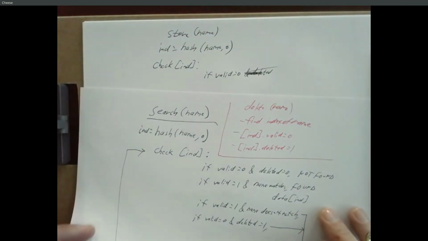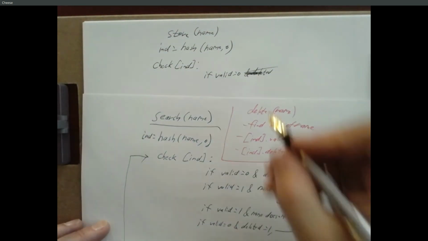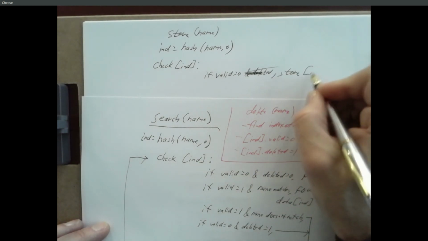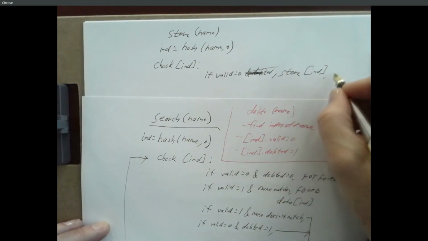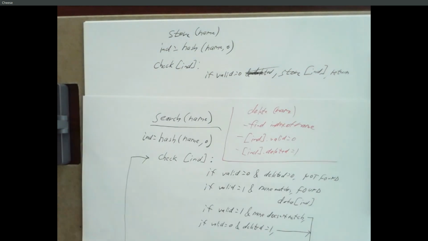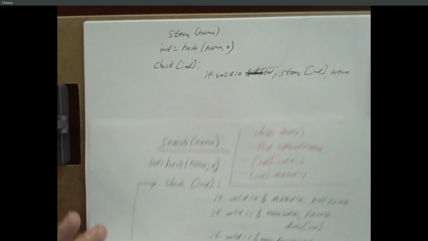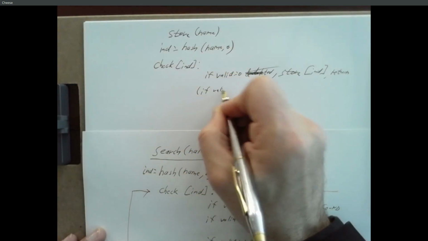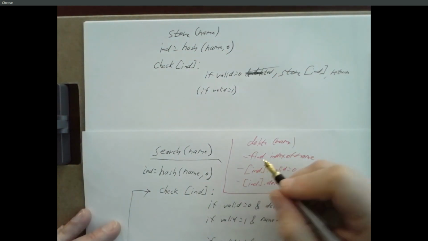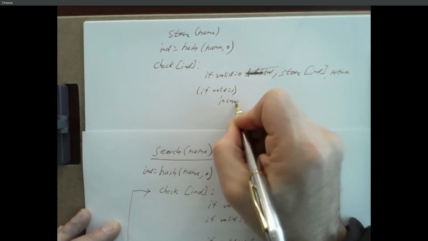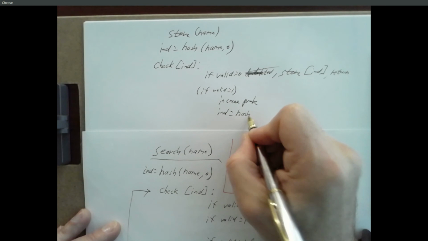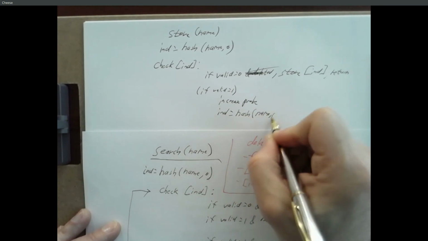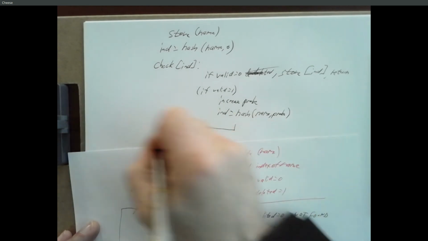So if valid is equal to 0, meaning that entry is not in use, go ahead and store at that location, and you're done. Otherwise, that location must be in use, so increase the probe, rehash, and go back up.